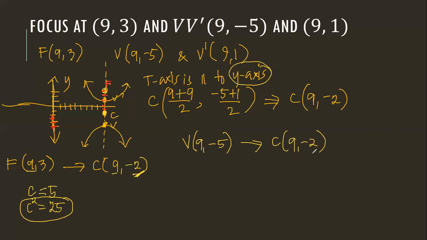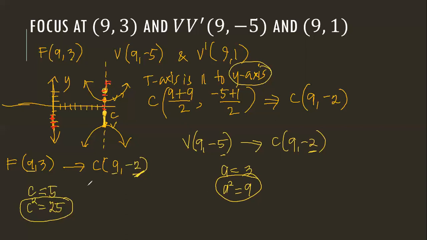So anong inad natin kay negative 2 na naging negative 5? That is negative 3. But we don't have negative length. So we can say that our a is positive 3. Okay, so 3 units from the center. Okay, that's 3 units. So our a square here is equal to 9.